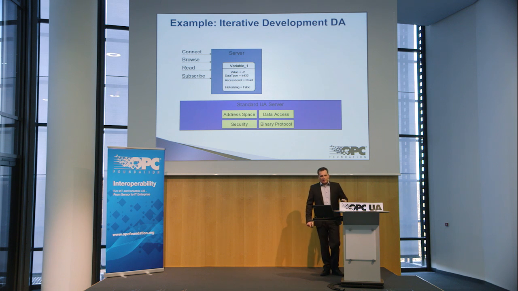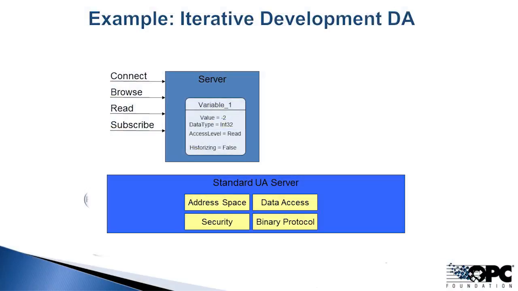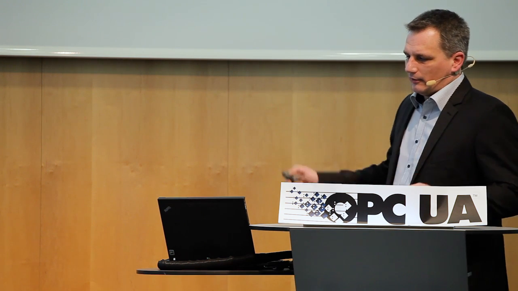If you start development of a standard server, then the server must support connect, of course. It must support browse to look into the address space. It must support read and write, and it must support subscription. And here we have the server with those base services, and it has a variable inside.